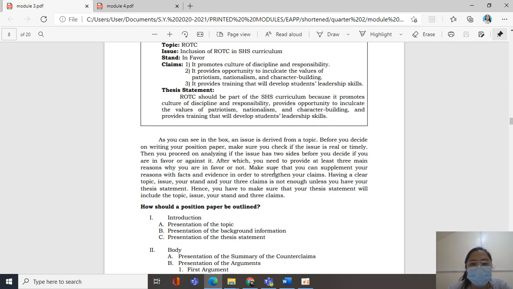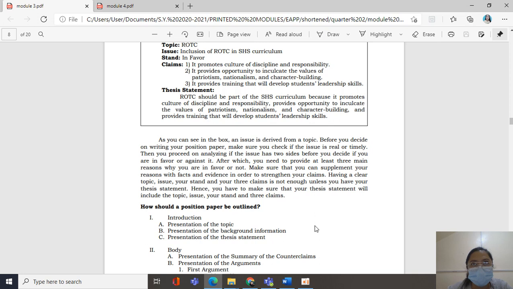Then try to reflect on your position and identify your weaknesses, especially in the counter arguments. And then your writing will be credible enough once you cite reliable sources. Okay? And then limit your position paper to at least 2 pages, so not more than that.